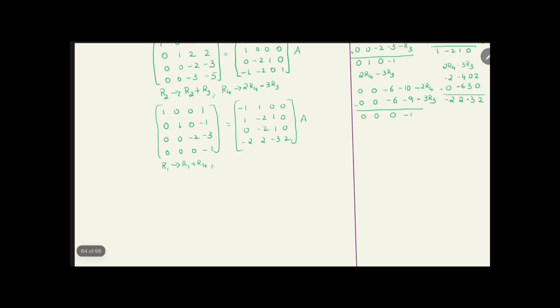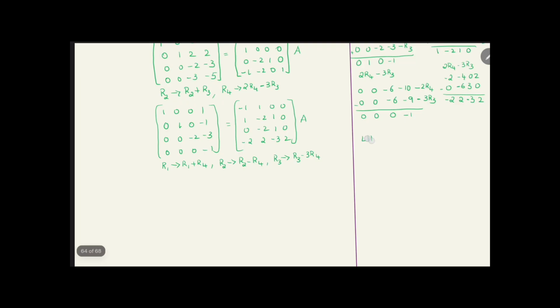Okay. Next, R2 implies R2 minus R4, and R3 implies R3 minus 3R4. Okay, so now let's see the calculation part for both the matrices.